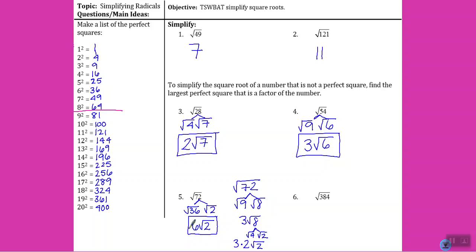Take a minute and figure out what the largest perfect square is that divides into the square root of 384.